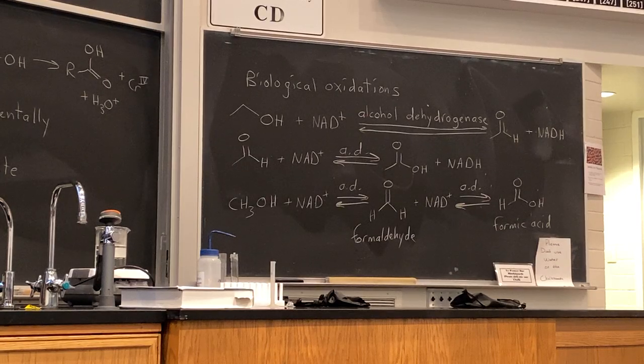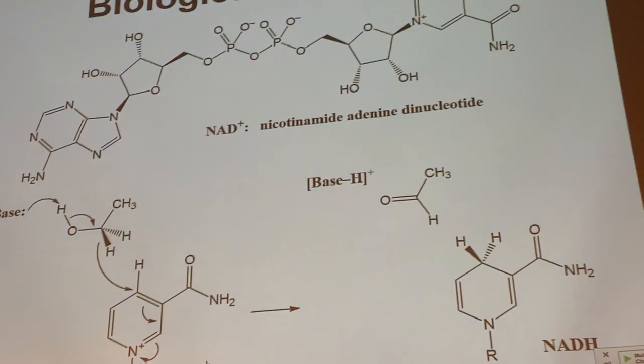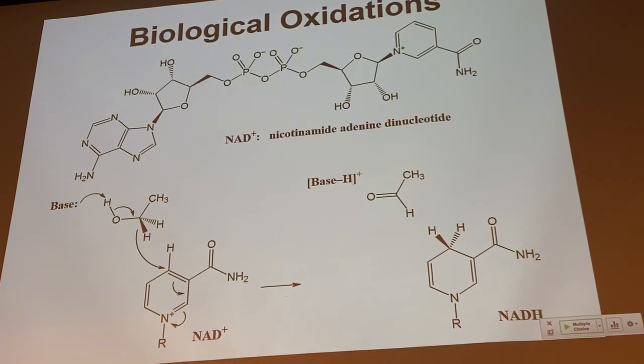So the mechanism of this oxidation is very different from the mechanism of oxidation in a flask. What happens, we'll come over here, the NAD plus, as I told you, is a very large molecule, but most of it is just designed to form non-covalent interactions with polar functional groups in the active site of the enzyme.